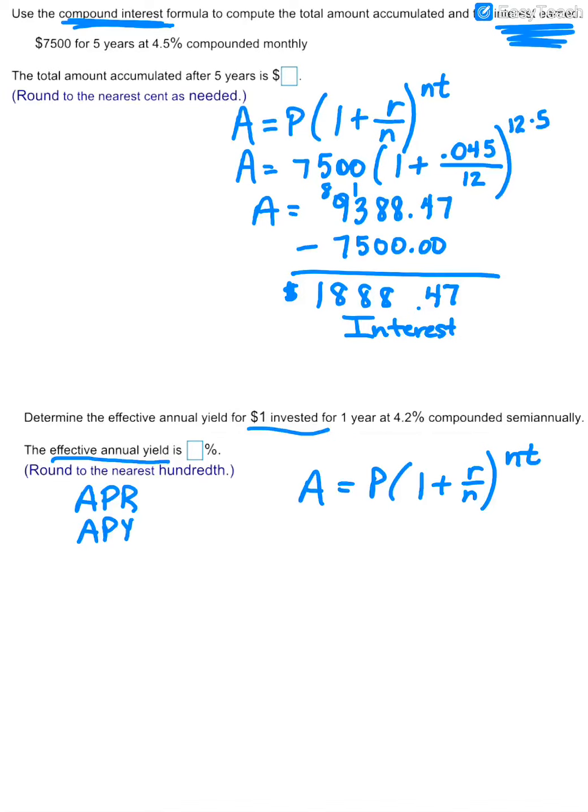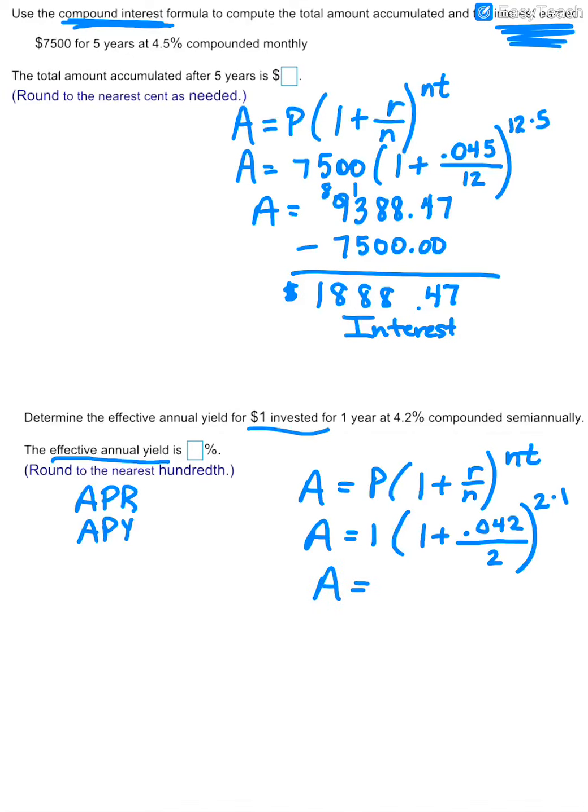And so if we look at investing $1, P is 1, and it is 4.2%, so r would become 0.042. Compounded semi-annually means twice a year, so your n is 2, and then your n is 2 again, and you're looking at just 1 year. So we always say we invest $1 for 1 year and look at how that dollar would grow.